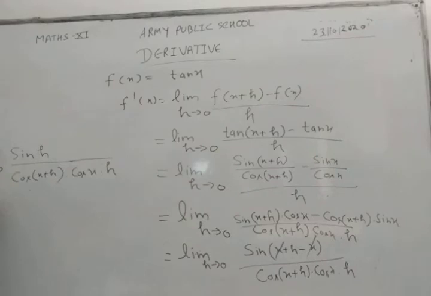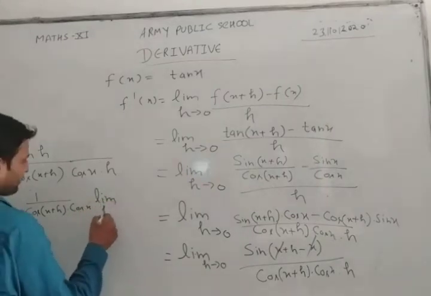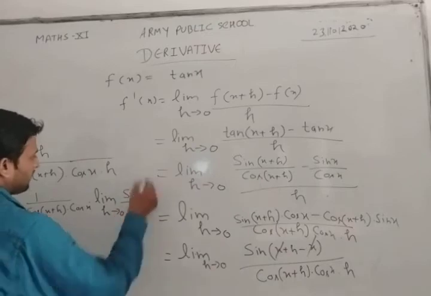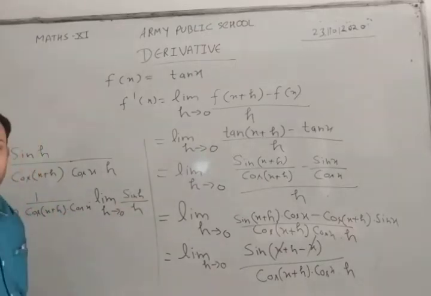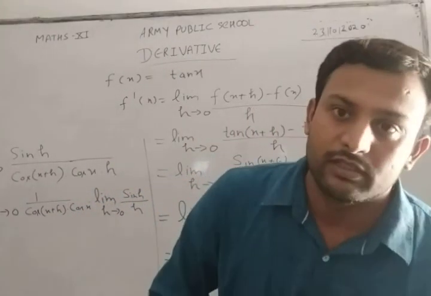So limit h tends to 0, we write 1 by cos(x + h) cos x into limit h tends to 0 sin h by h. By the algebra of limits, we can take the limit of both functions separately.